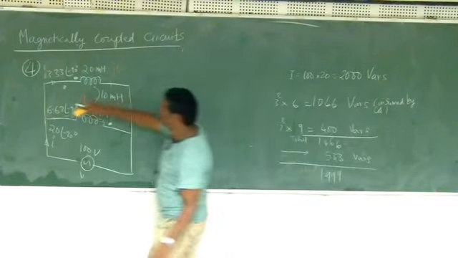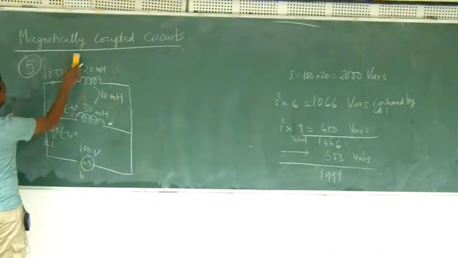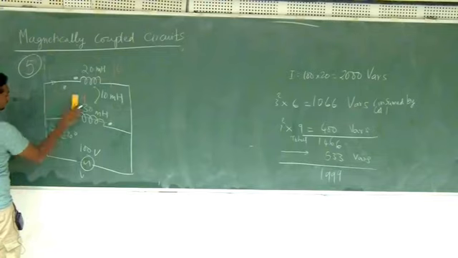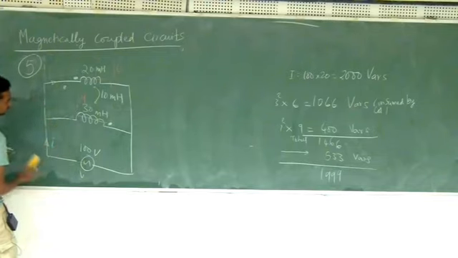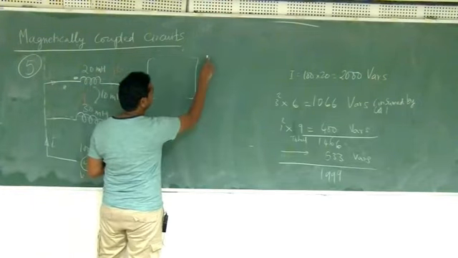So let me put problem 5. This we don't know, this we don't know, and this also we don't know. Shall we quickly work out what was the matrix last time?